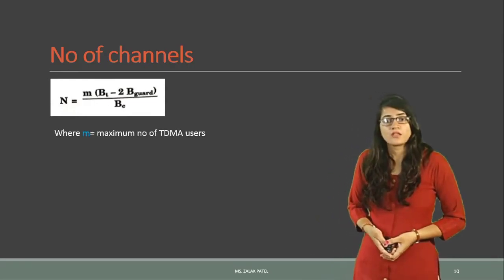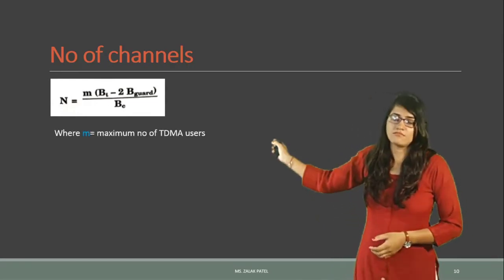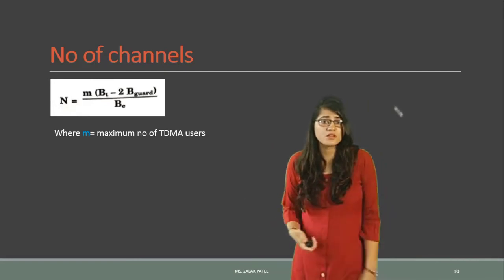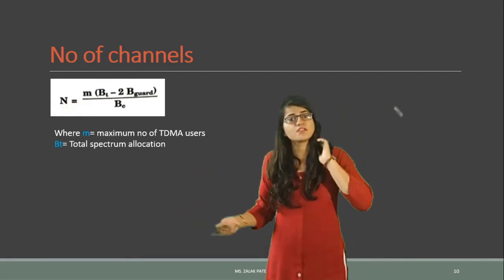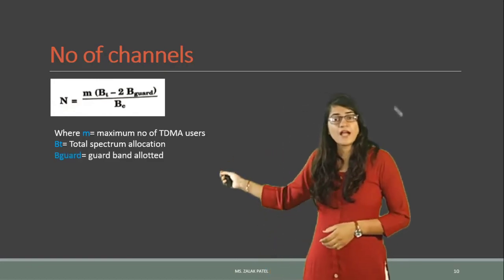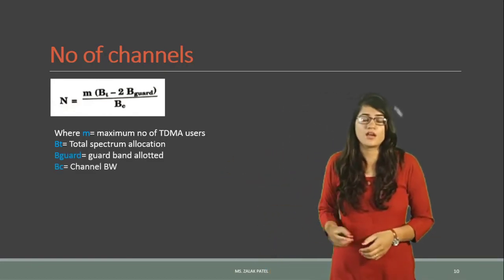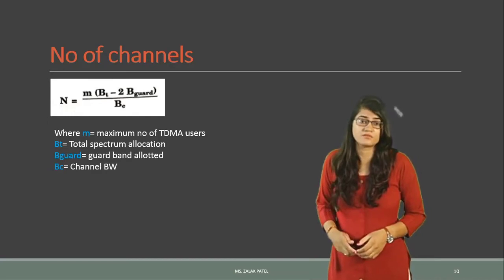Here M is the maximum number of TDMA users, BT is total spectrum allocation, B guard is the guard band allotted, and BC means channel bandwidth.